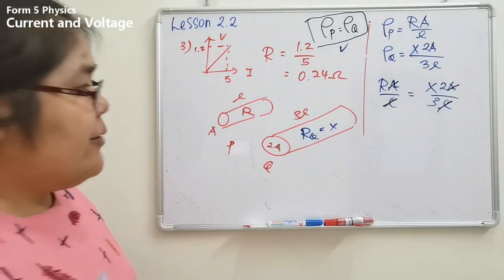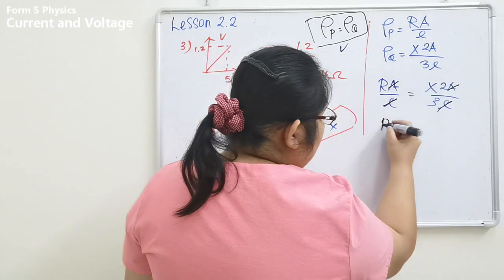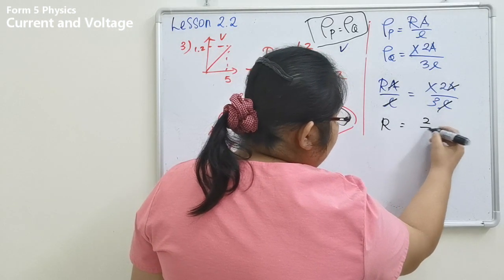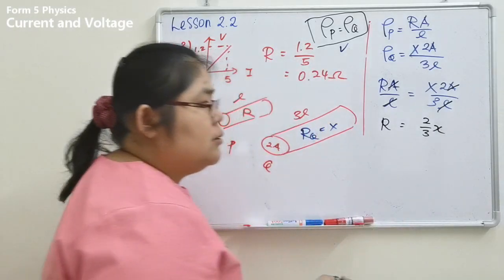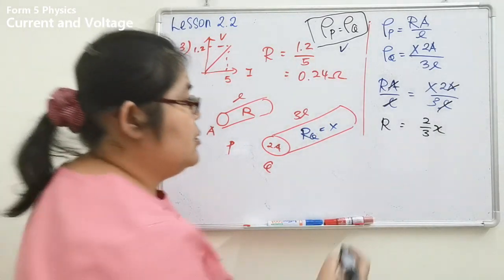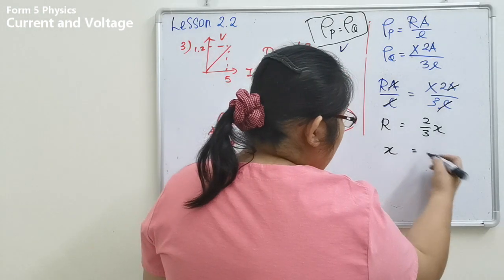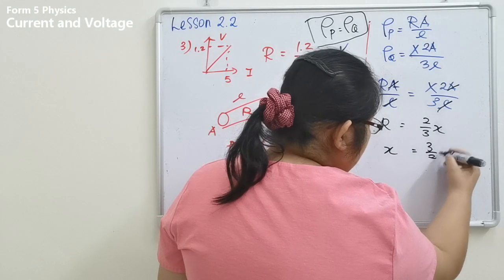So what you're left with is R equals 2 over 3 X. What do you want to find? You want to find X, so X will become 3 over 2 R.